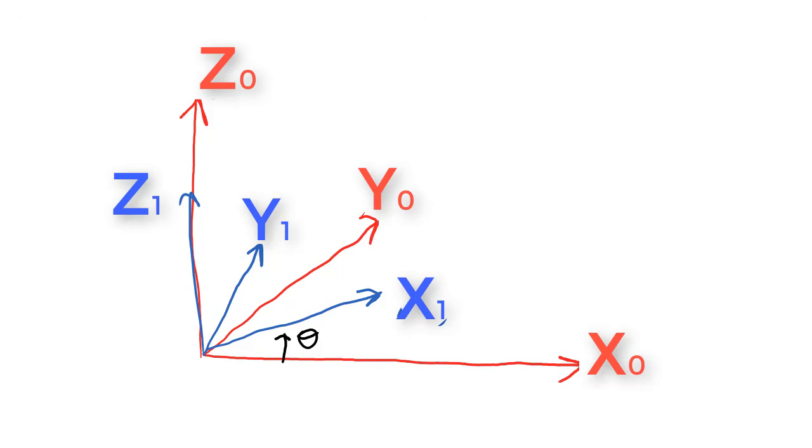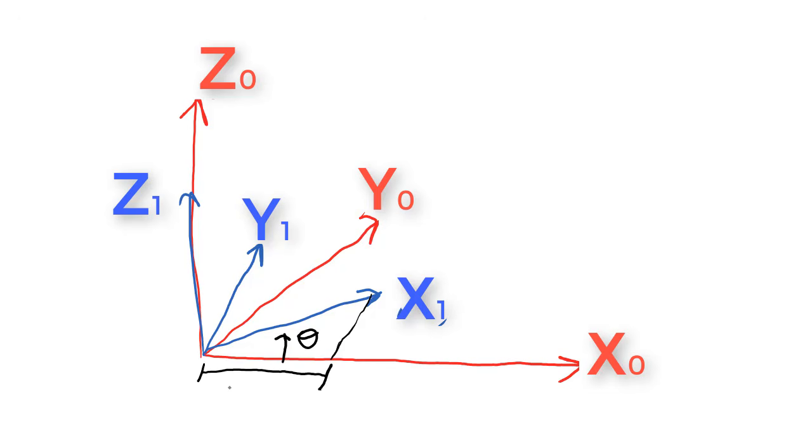For the first column, we look at the x1 axis, and we project x1 onto x0, y0, and z0. Let's use what we know about sines, cosines, and tangents. Now, the cosine of theta is equal to the adjacent side over the hypotenuse.